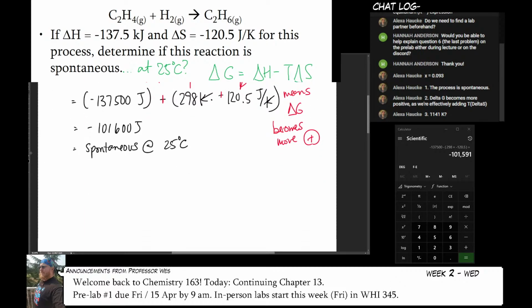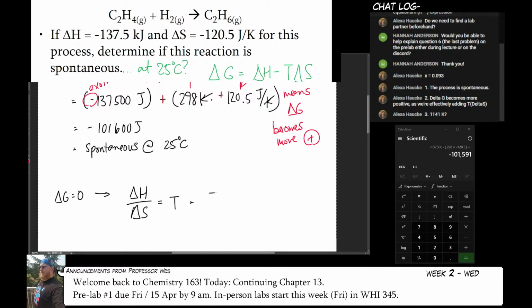So let's find the temperature at which this is no longer spontaneous. That's going to be where delta G equals 0, because the reaction will be at equilibrium. And because this reaction is exothermic, I want a temperature threshold below the T that I'm going to solve for.